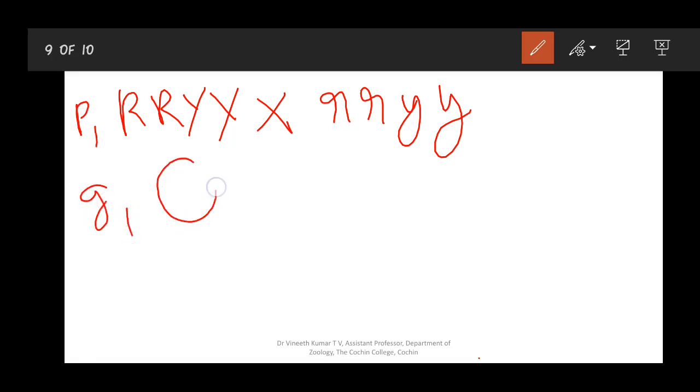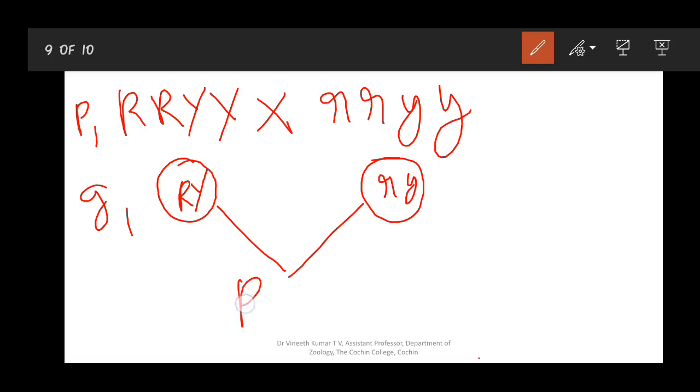In this you get a single type of gamete with capital R, capital Y. Here also you get a single type of gamete with small r and small y, and when they are crossed you get capital R, small r, capital Y, small y, and this will show the dominant feature, which is round yellow. So this is round yellow, and this is how the gametes are produced in this particular case. So this is the first step, and this one is what is called the F1 generation.